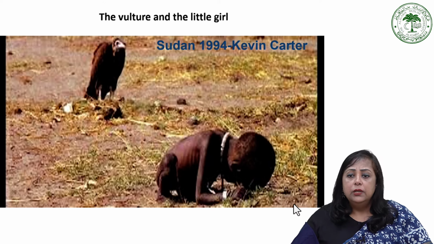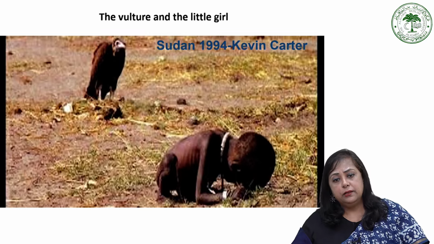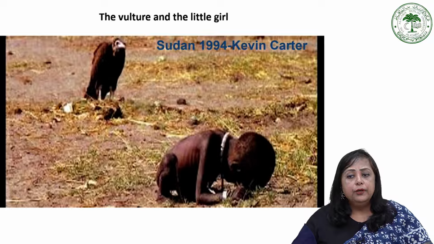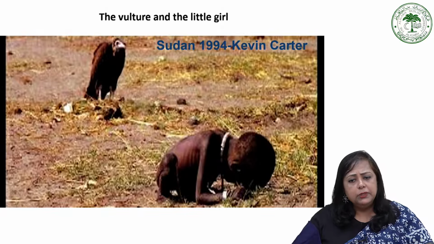The Vulture and the Little Girl, also known as The Struggling Girl, is a photograph by Kevin Carter, which first appeared in the New York Times on 26 March 1993. It is a photograph of a frail, famine-stricken boy, initially believed to be a girl. We thought by seeing the picture that it was a girl, but actually it's a boy.